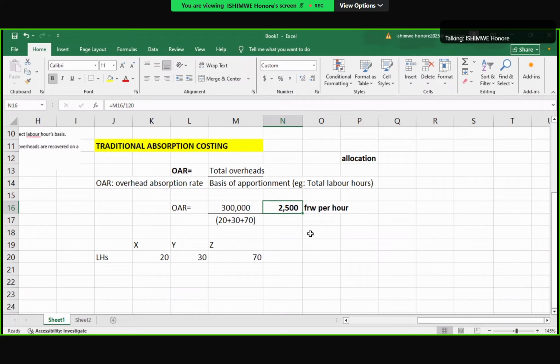If we say 2.5 per hour, what does it mean? It means in 1 hour you are incurring 2.5 of overhead. That is the overhead per 1 hour being incurred.